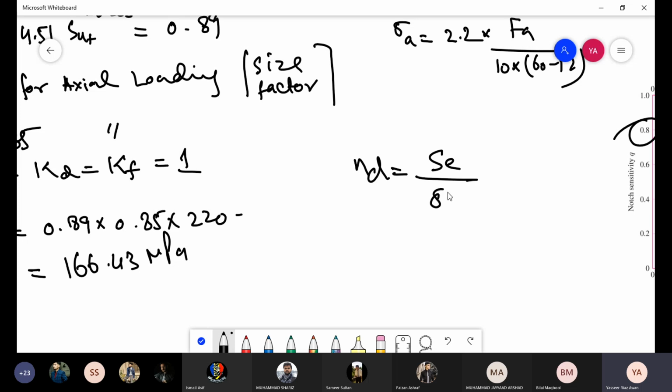So this should give you the safety factor, that is 1.8. SE is 166.43, whereas this F. So if you solve this, you get FA divided by something like this.